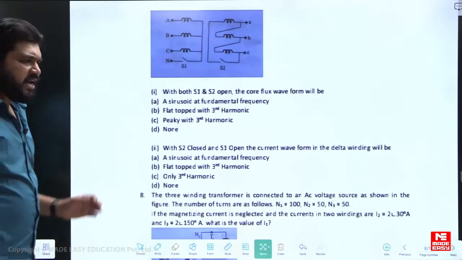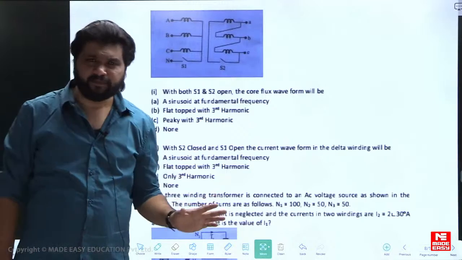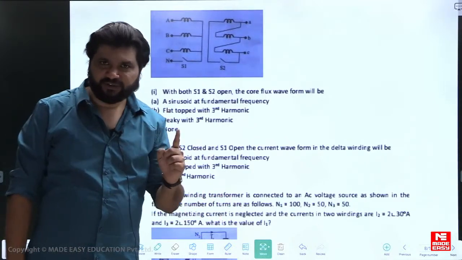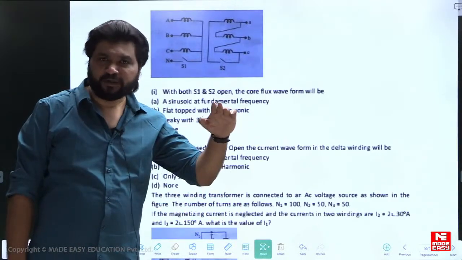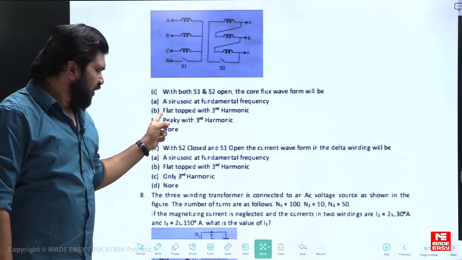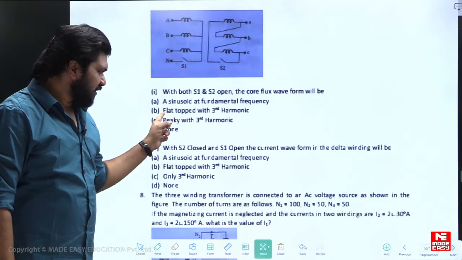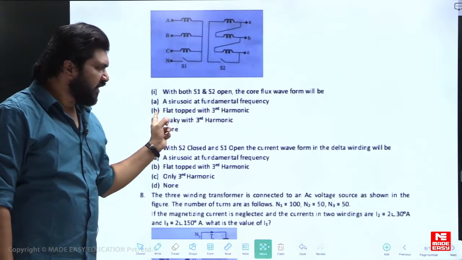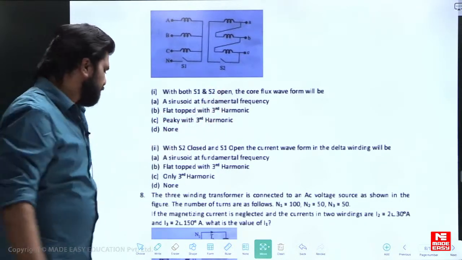Simple. Never can a flux be peaky. Impossible. Because of saturation, flux is always flat topped. So because S1, S2 are kept open, flux in the core established is flat topped with a dominating third harmonic.